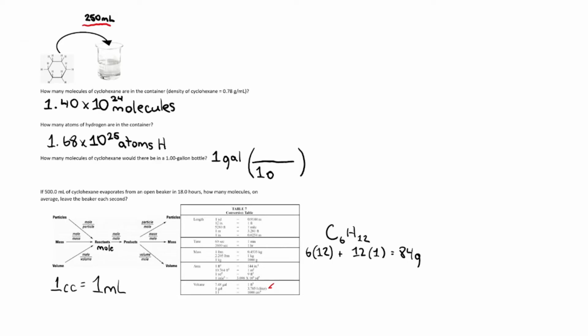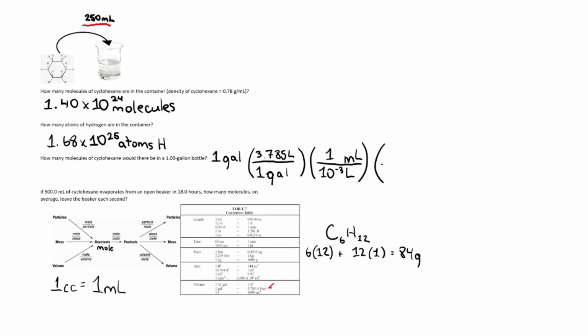So every 1 gallon, we have 3.785 liters. Now we can go from liters to milliliters. So for every 1 milliliter, we have 10 to the negative 3 liters.